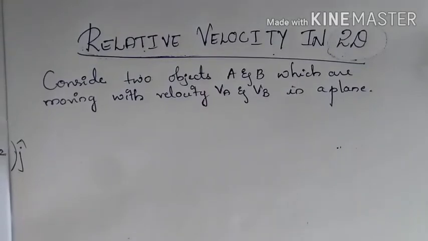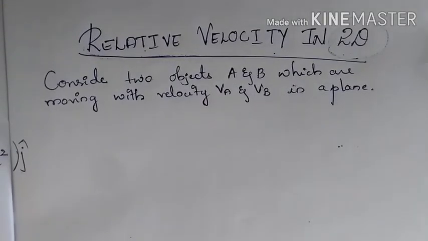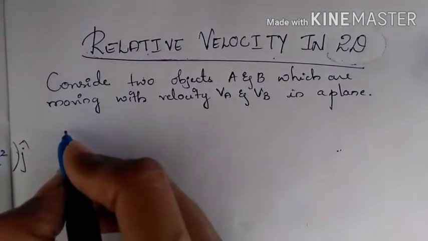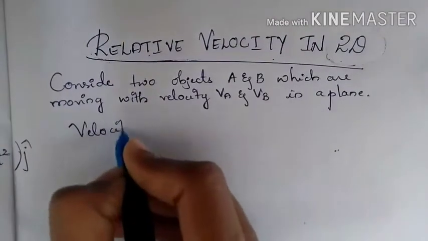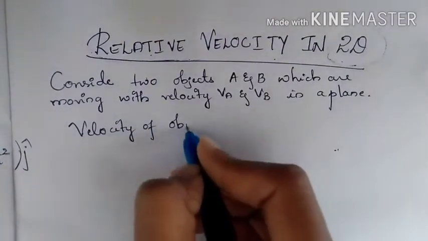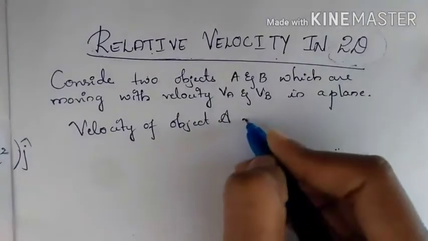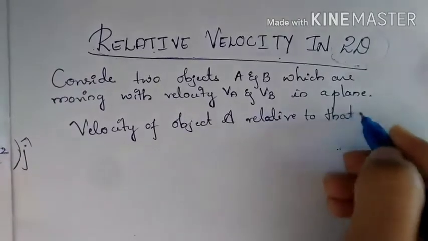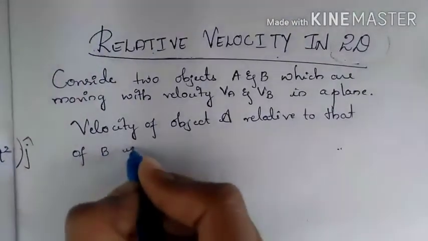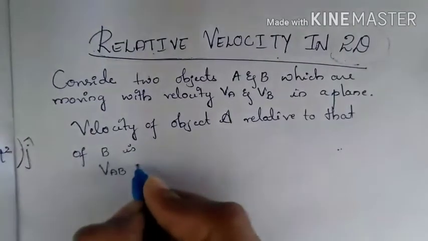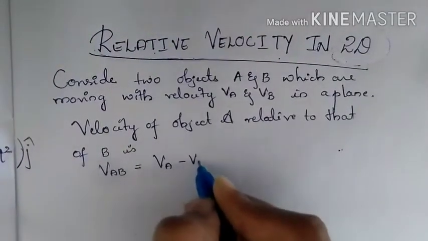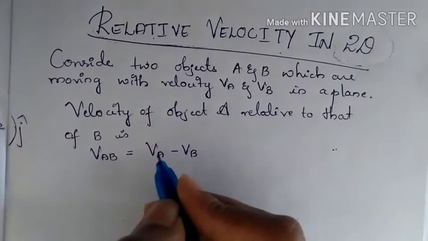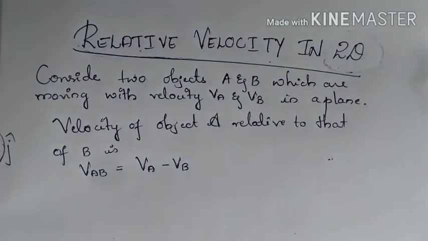The velocity of object A relative to object B can be written as VAB equals VA minus VB. So this is the relative velocity of A with respect to B.